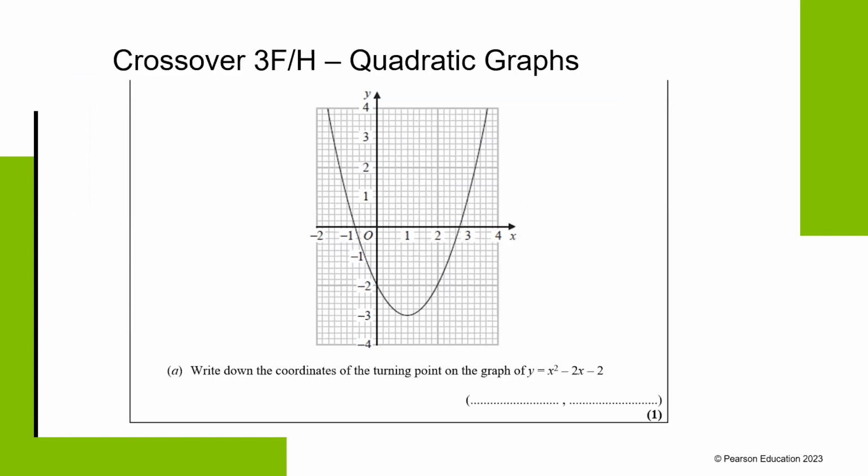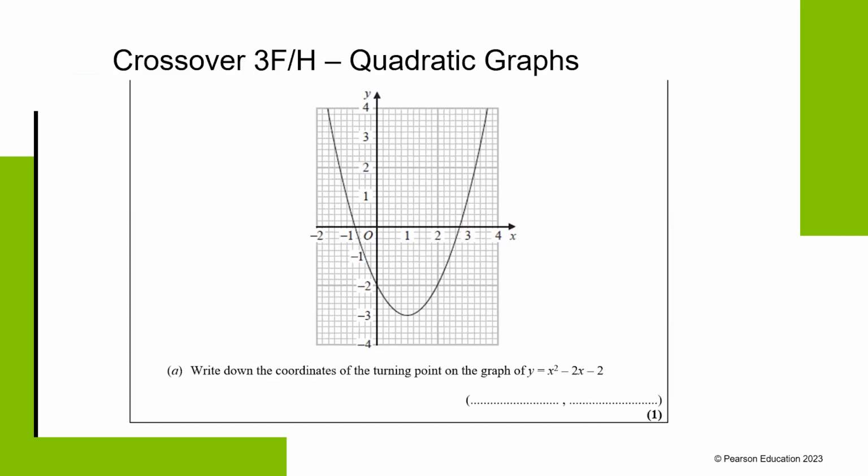But this one was one of the bonus marks that I thought could be down to a little bit of common sense or just graph reading, and that's the turning point. And the majority of students can see the turning point. So although it's not a commonly asked crossover question, I was really drawn by what I heard from the examiners in their feedback, at the foundation here in particular.